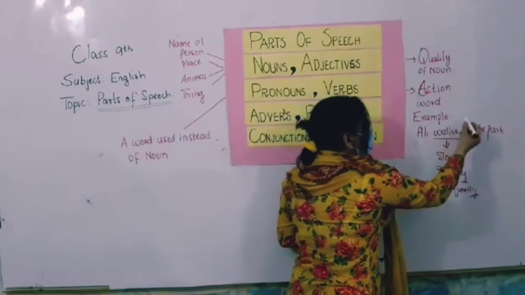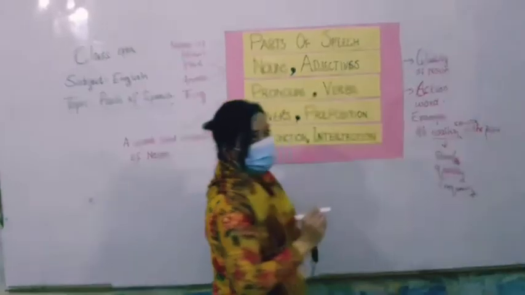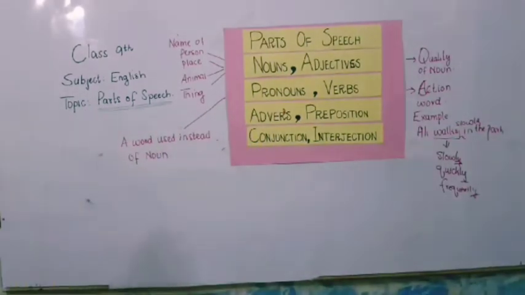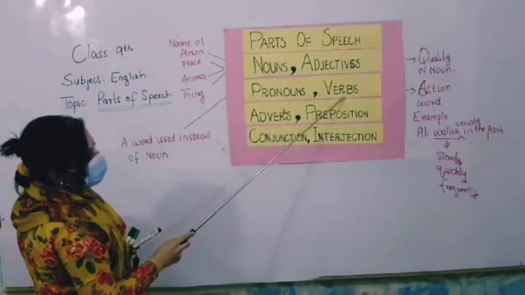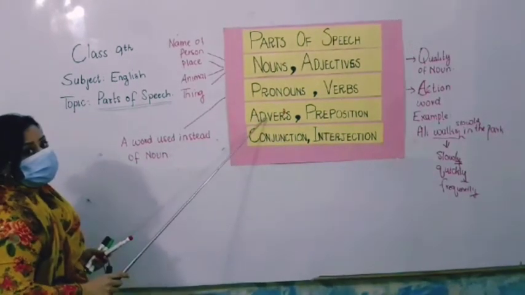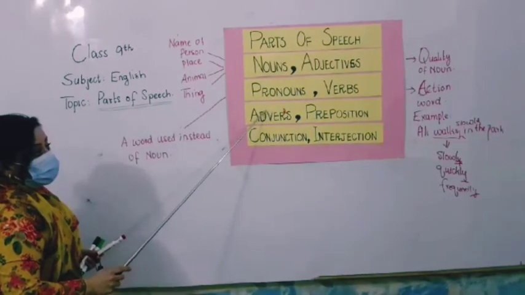Ali walks slowly in the park. Now, slowly is the adverb that we have. Such words which further describe the verb are called adverbs. It could further describe the adjective as well, making it more prominent.